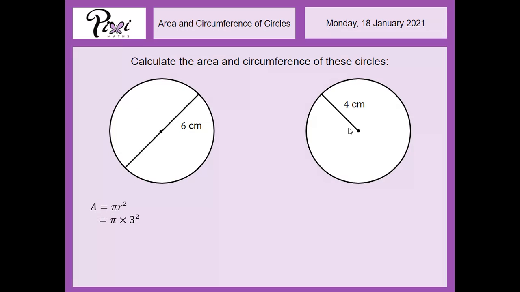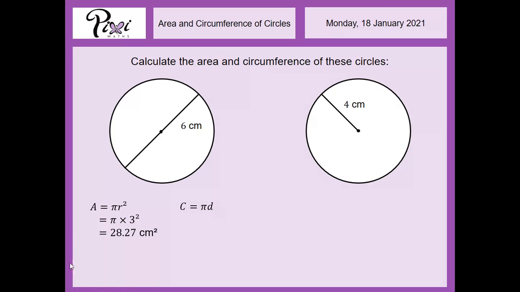Area formula is pi times radius squared. Notice that the diameter is 6 centimeters, hence the radius is only 3 centimeters. So pi times 3 squared gives you 28.27 centimeters squared to 2 decimal places.